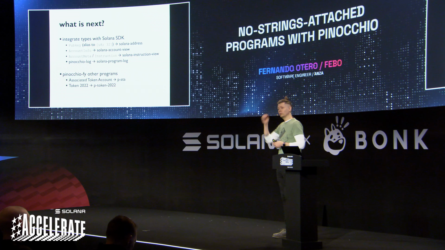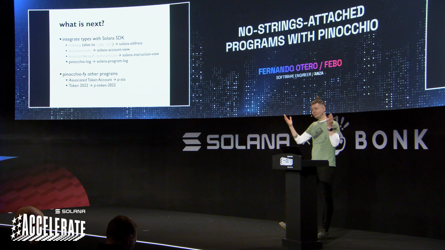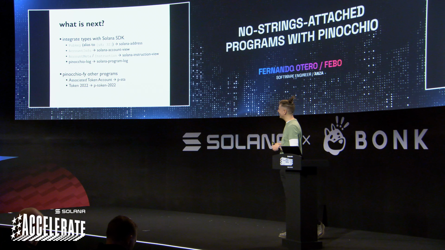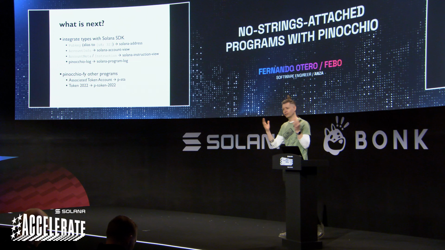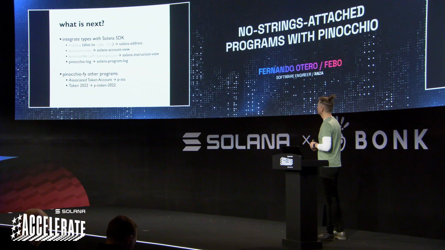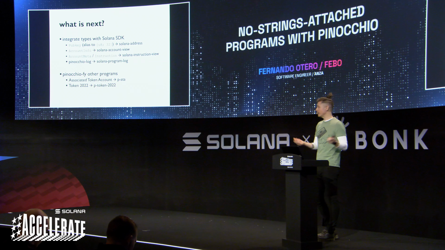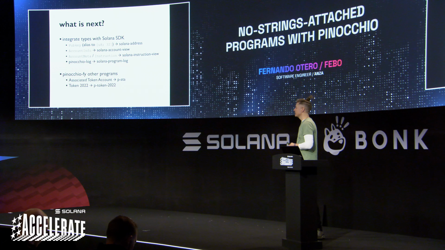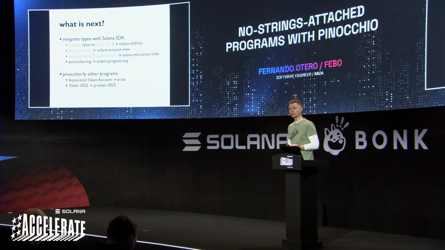And we also are working on Pinocchio-fying other programs. The ATA program is currently almost ready to review. And we already have plans to do similar optimizations on Token-2022 as we did on P-token. So maybe it's going to be a P-token 22. I don't know. Maybe we can come up with a better name.